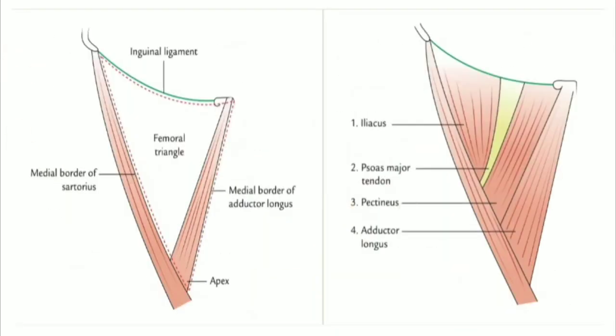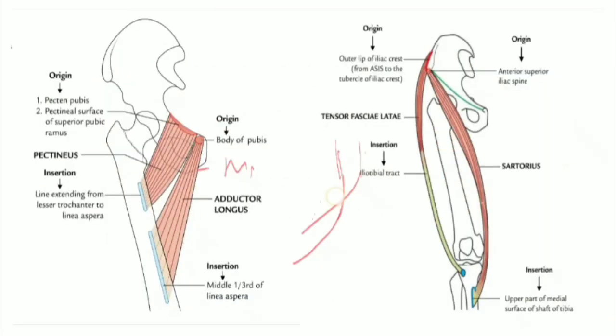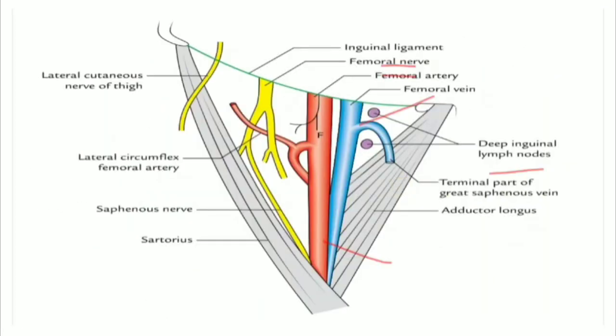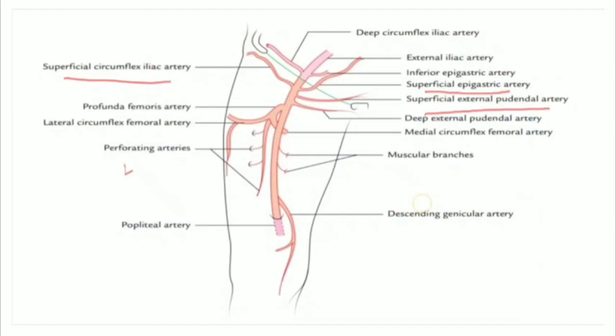Then what are its deep branches? It has superficial branches only three. Deep branches, we have two deep branches. One deep branch I'll show here itself, in another color.